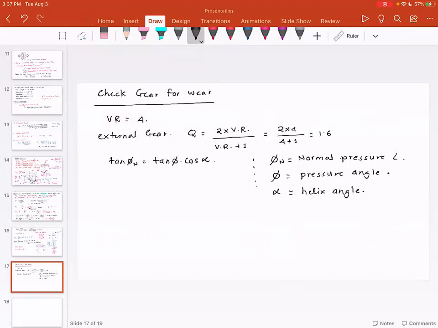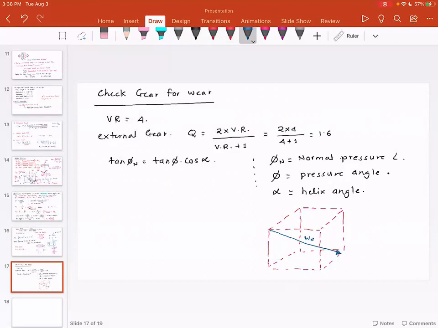And what I want to do is explain these three different angles with the same force diagram that we talked about. So this is WN.